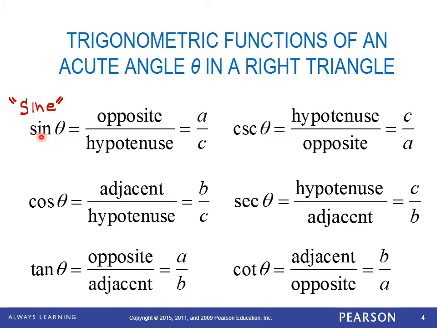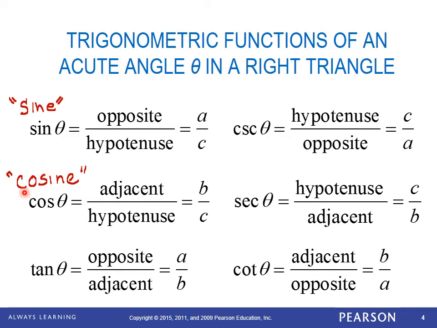Whenever you say sine, the abbreviation is S-I-N, and then we have the angle measurement. So it's always going to be sine of something; you always want an angle measurement after that. By definition, the sine value is the ratio of the opposite side over the hypotenuse, so A over C.